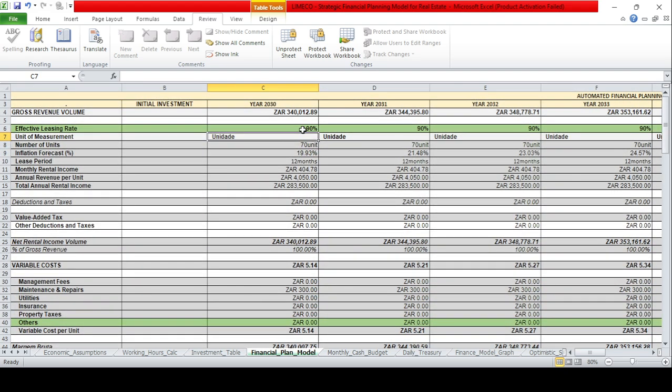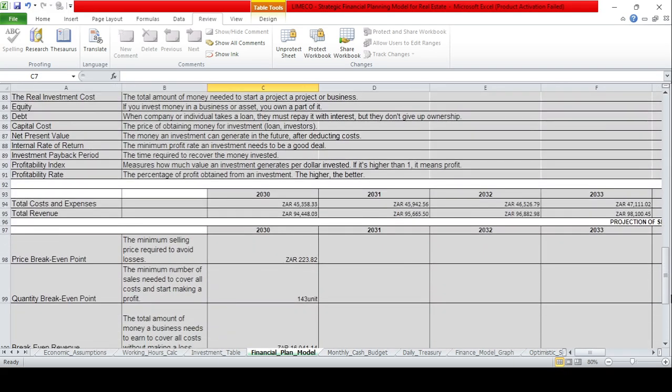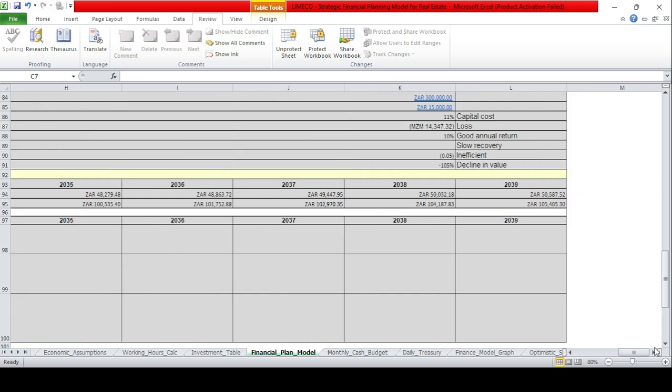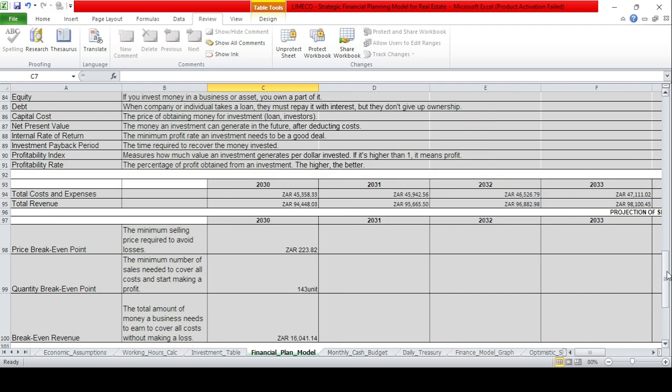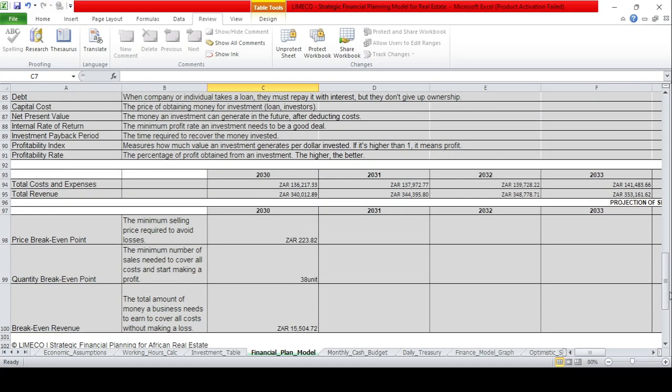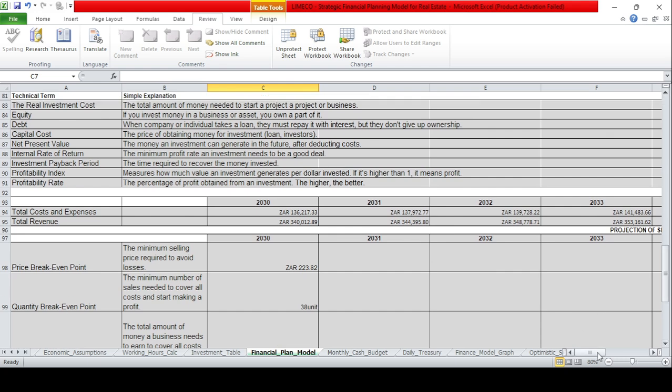If the effective leasing rate is 90%, but we can put 25%, it is not viable. We cannot charge it. Effective leasing can be 40, 100, 200 rents.